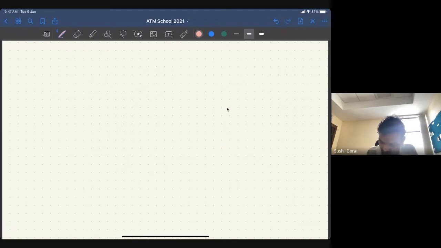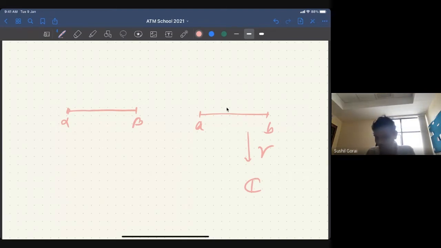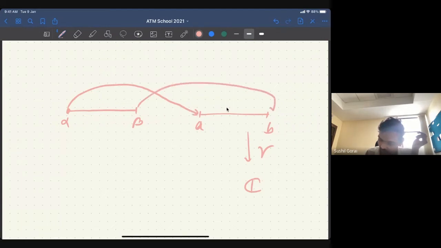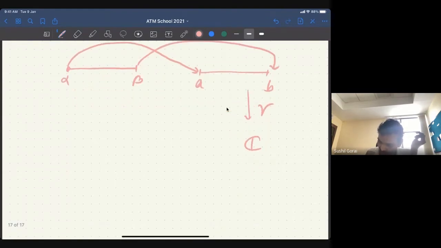Suppose you have an interval, let's say alpha beta, and from here you want this to go to AB, and from here you have this curve gamma inside C. First of all, either alpha would go to A or to B. If you assume this goes to A and this goes to B, then looking at the curve, we'll call this gamma A and this gamma B. So alpha would correspond to here.